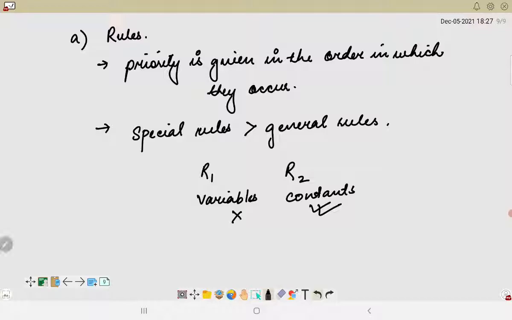Basically, if R2 is just a subset of R1, then we will give more preference to R1 and not to R2, because we will consider R2 as more general. So based on these two conditions, a matcher is built, and this matcher would be eliminating all the rules which are more general in nature and keeping the specific rules intact.